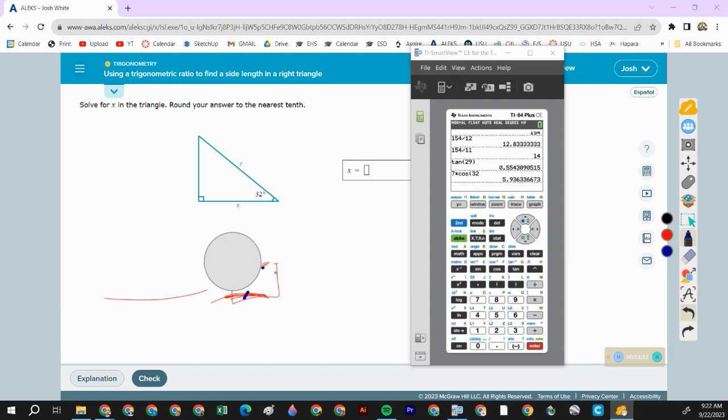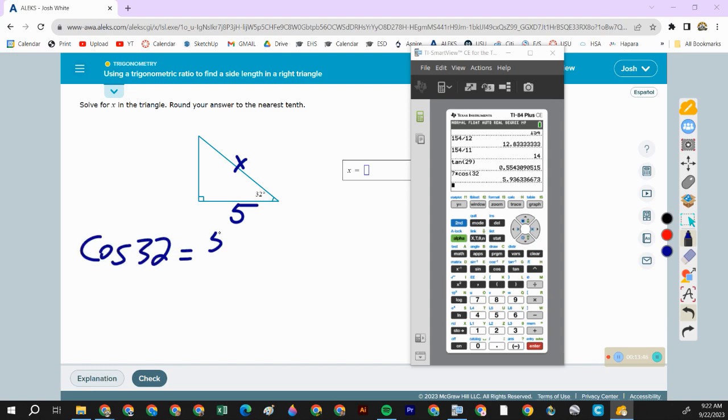But sometimes the problem will be different. What if it was x and 5? We're still going to use the cosine. The cosine of 32 is 5 over x. Okay, now, the slow way to do it is this.